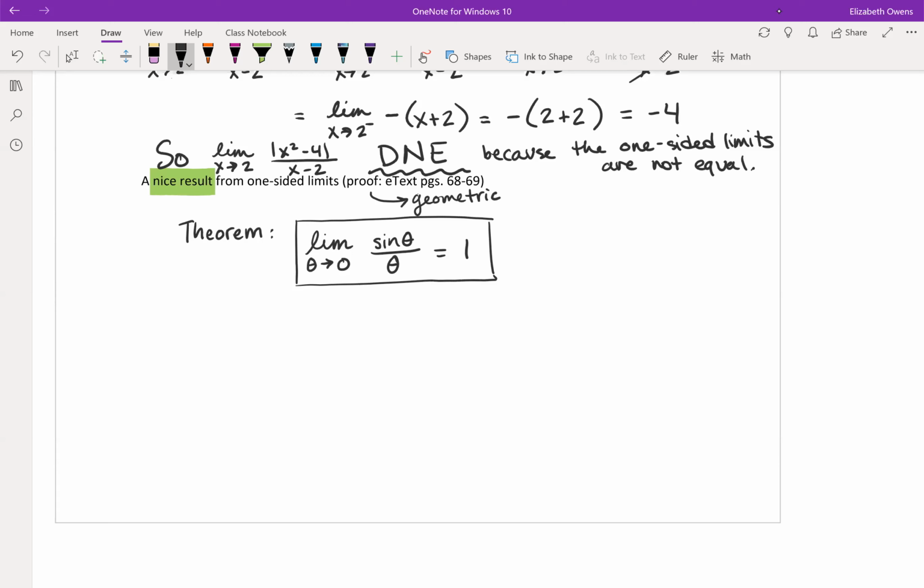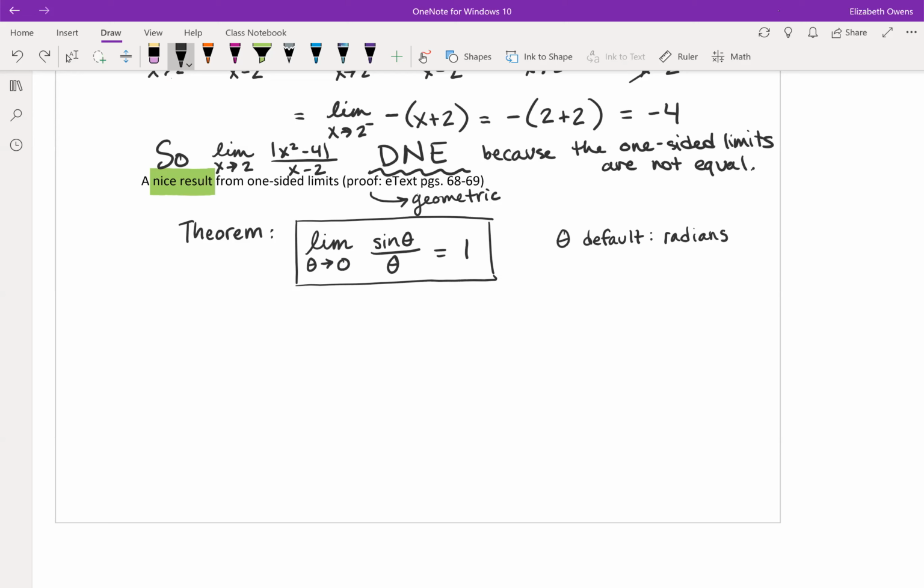Theta is an angle in radians just by default. But notice that we are looking at very, very small angles theta. Theta is getting close to 0. So these are really teeny tiny angles here that we're looking at.